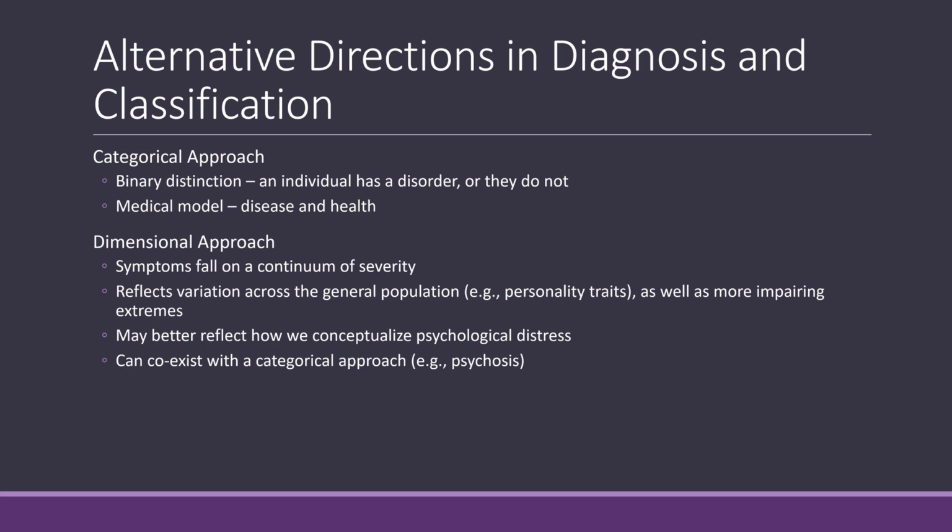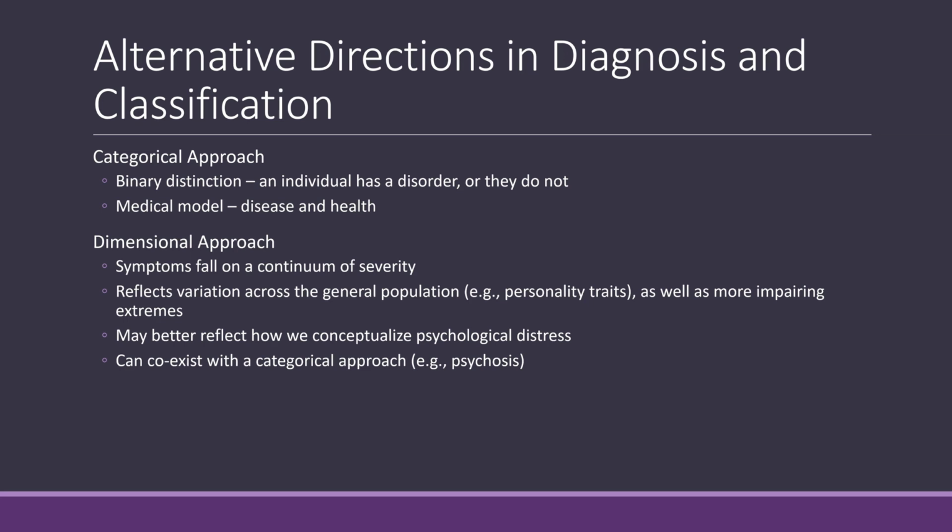A dimensional approach to psychopathology would take the same approach to anxiety, depression, or even psychosis. We can measure it in the general population, and this better reflects how we conceptualize psychological distress. It's also helpful for thinking about how psychologists think about psychological distress and mental disorders versus psychiatrists. When we think about psychological theories, we're talking about psychological mechanisms that we all experience, and a dimensional approach may better reflect this conceptualization.